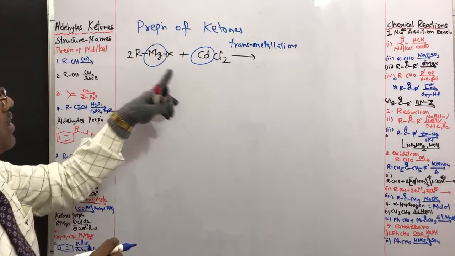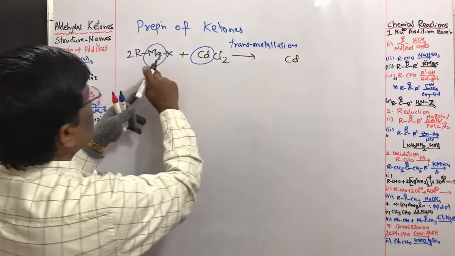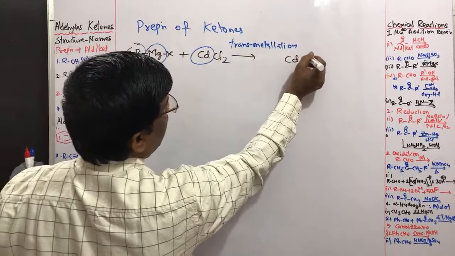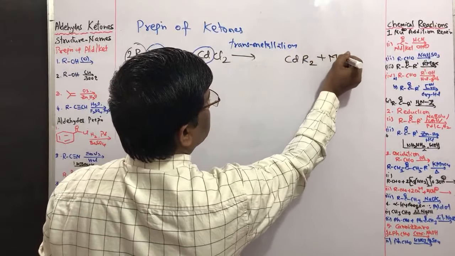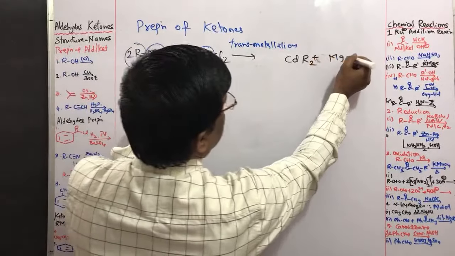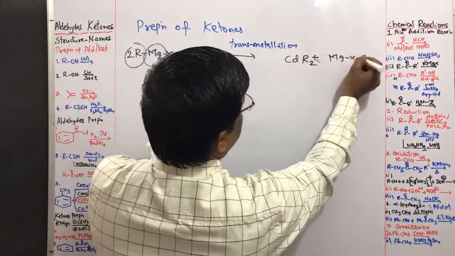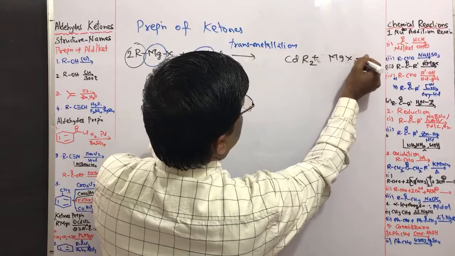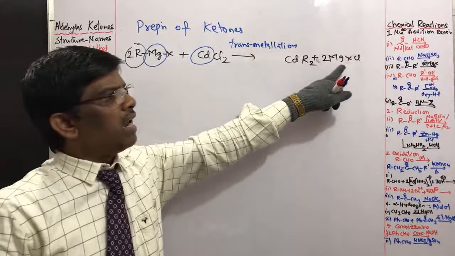It is going to exchange with cadmium. It is going to take up alkyl groups, two alkyl groups here, R2Cd, plus magnesium. X is already here, 2X is here, and 2 chlorines. That means X2 and chlorine 2. Right? It is balanced.